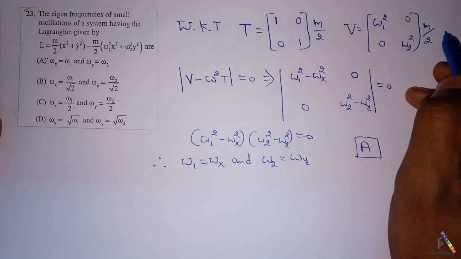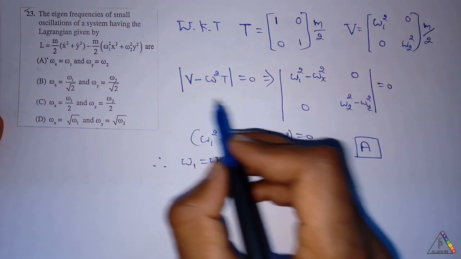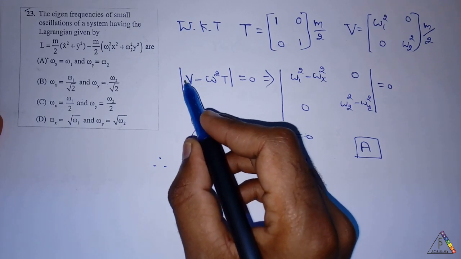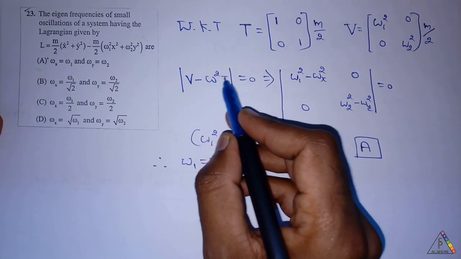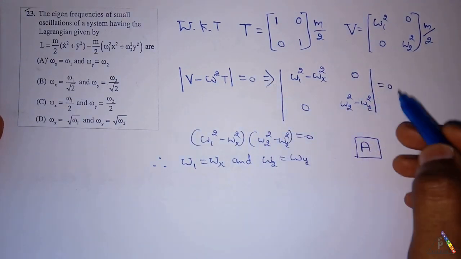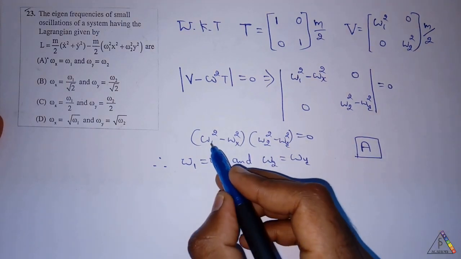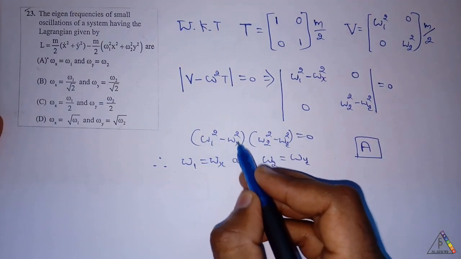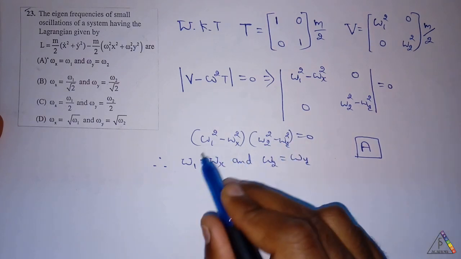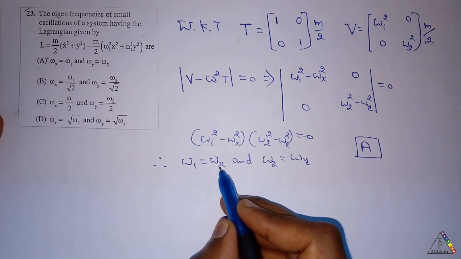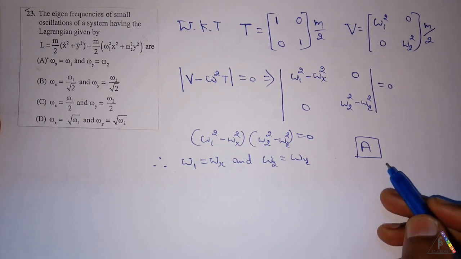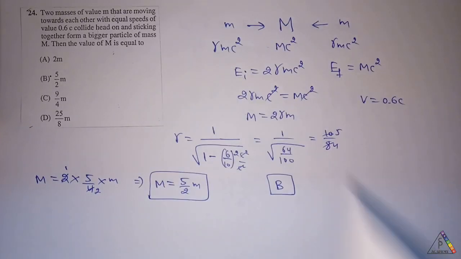To find the frequency of oscillations, we know the equation determinant of V matrix minus omega square into T matrix. By finding the determinant and equating it to 0, we get omega 1 square minus omega x square into omega 2 square minus omega y square equals 0. By simplifying we get omega 1 as omega x and omega 2 as omega y. Therefore for this question the answer is A option.